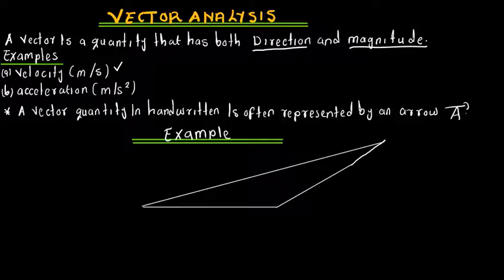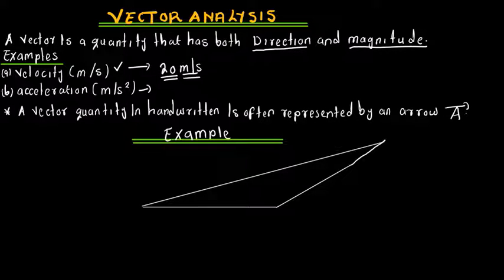We can say that a vehicle is simply moving at a speed of 20 meters per second. 20 meters per second signifies two things: the magnitude, the direction.